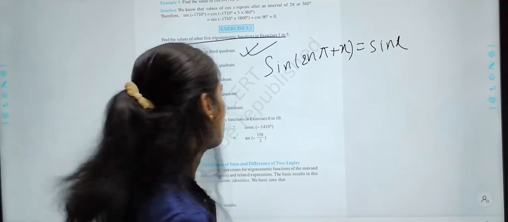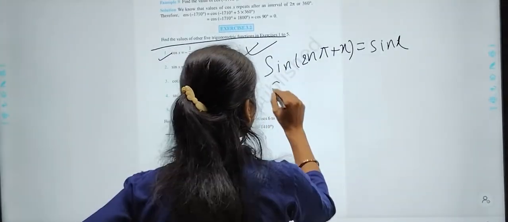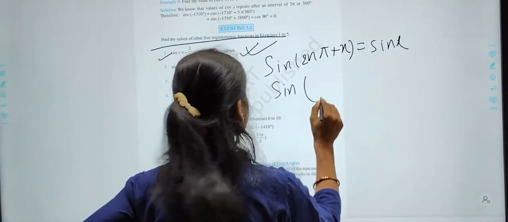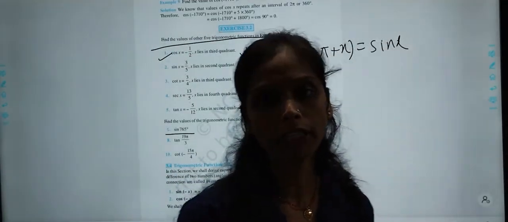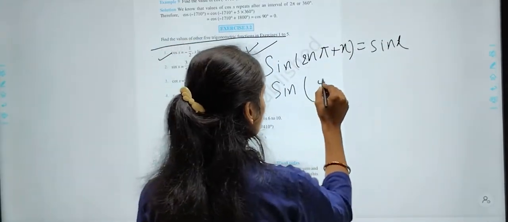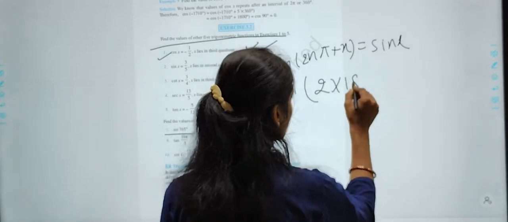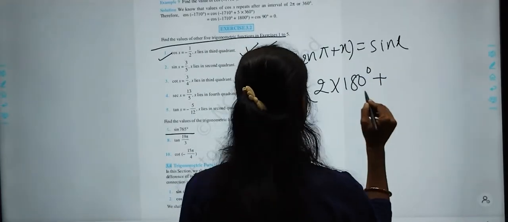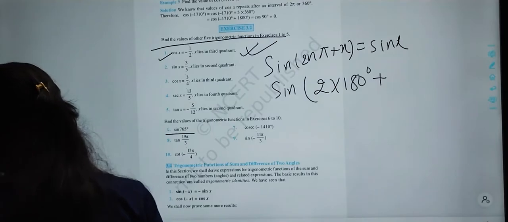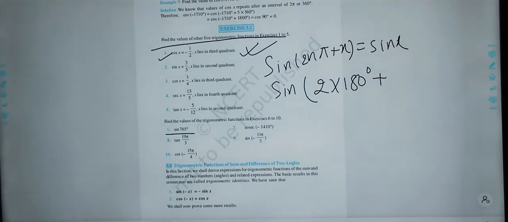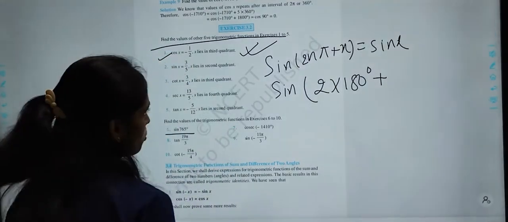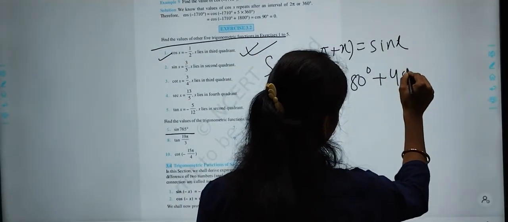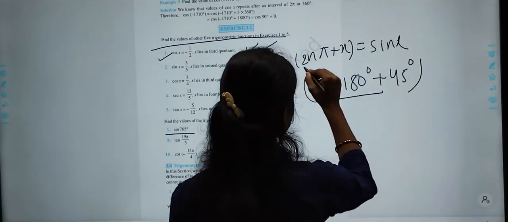I have already given you a formula. Then sine 765, you convert into terms of 2 and pi, then what will you find? 2 into 180 degree plus 45 degree.